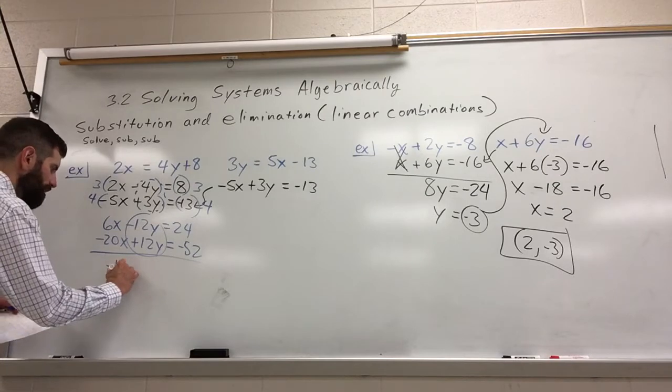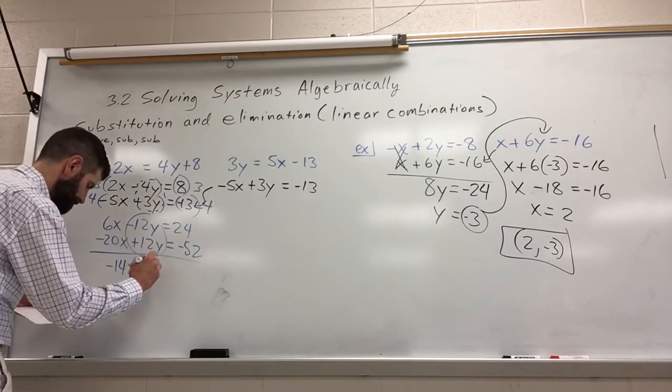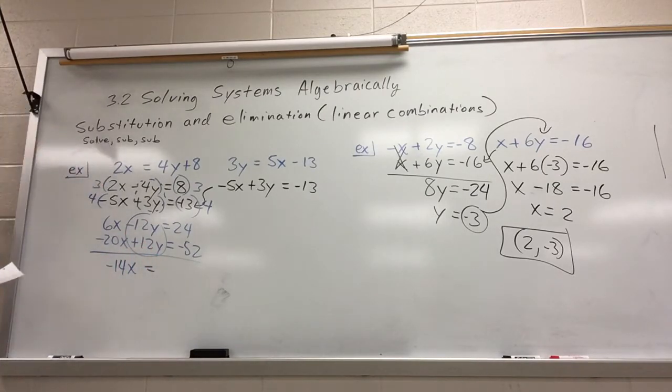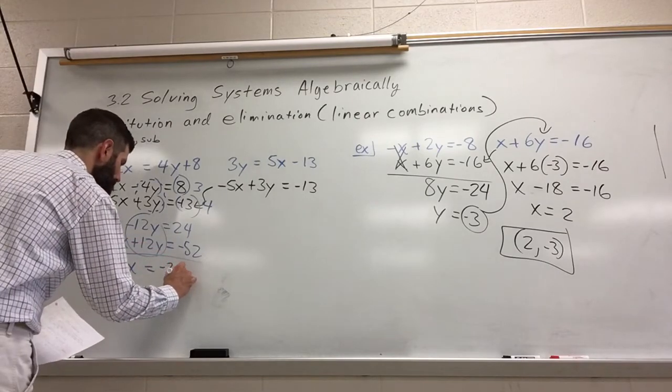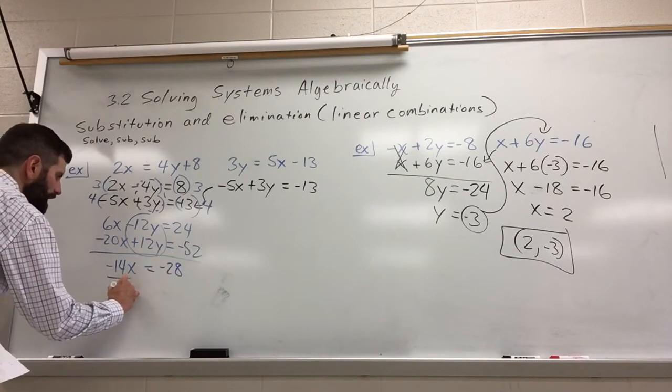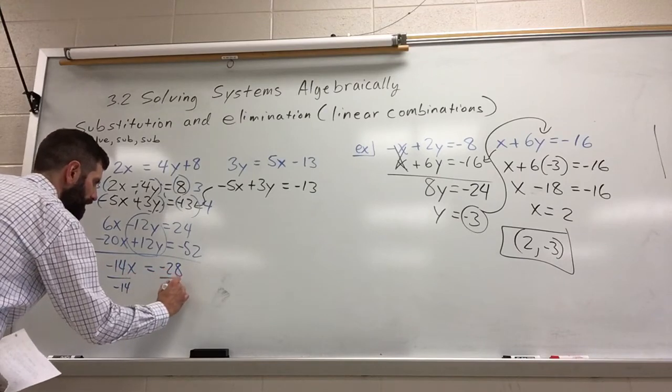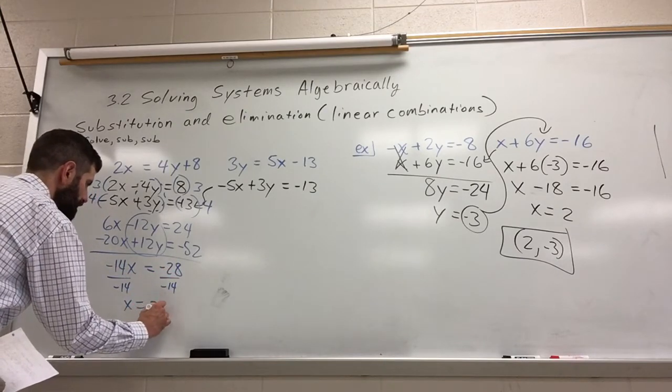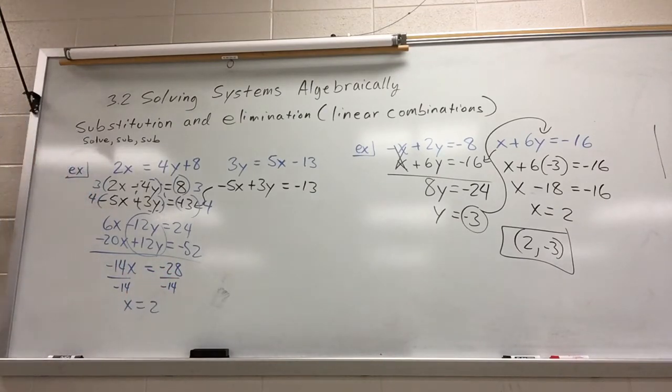So I'll get a negative 14x is equal to, and let's see, what do we get over there? 24 and 52. Let's see, is that going to be 28? Negative 28. Divide by negative 14, divide by negative 14, and x is equal to 2.